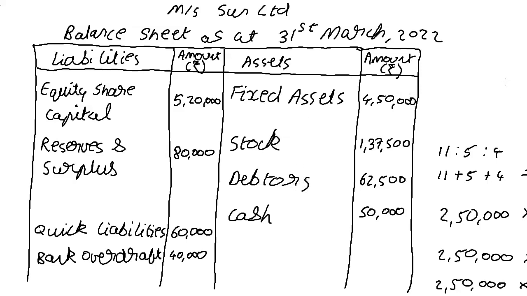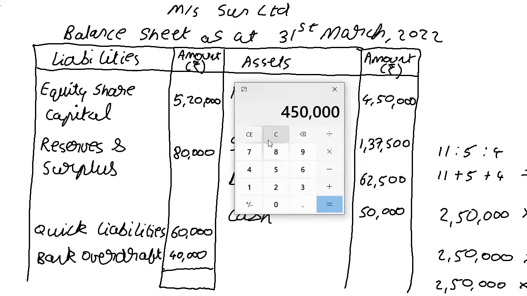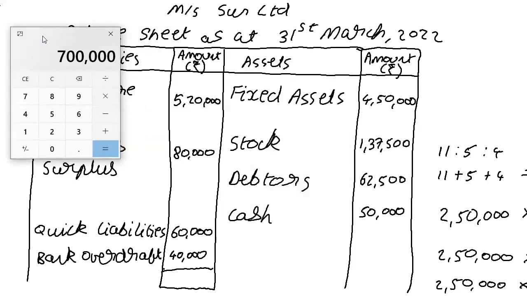All that's left is the moment of truth. Is it going to tally? Alright, so let's see. We have 5,20,000 plus 80,000 plus 60,000 plus 40,000, which gives us 7 lakhs on the liability side.